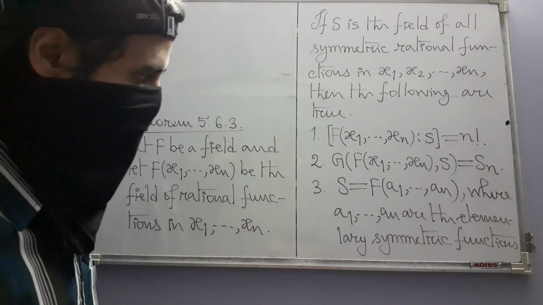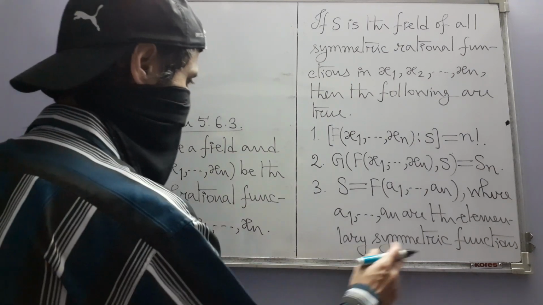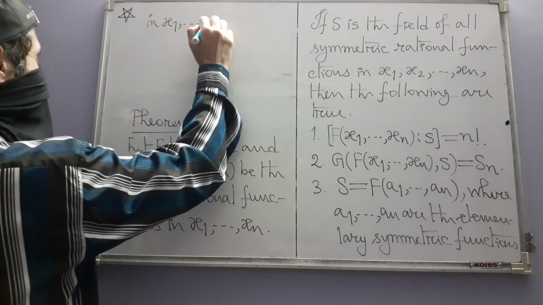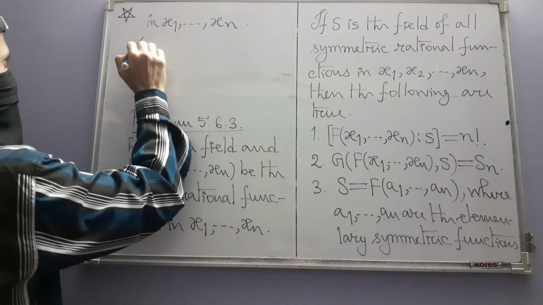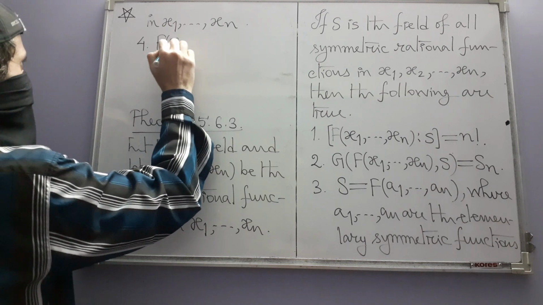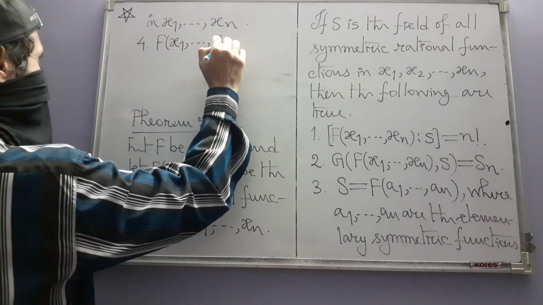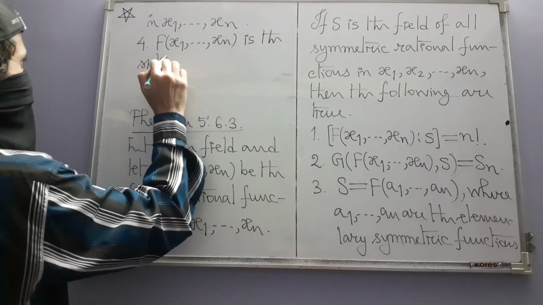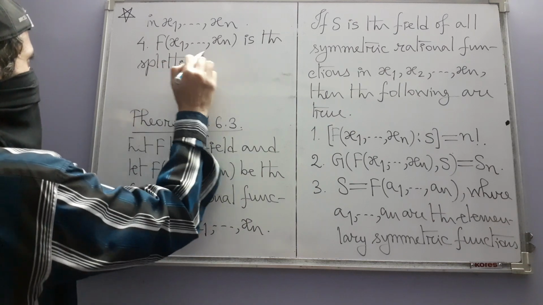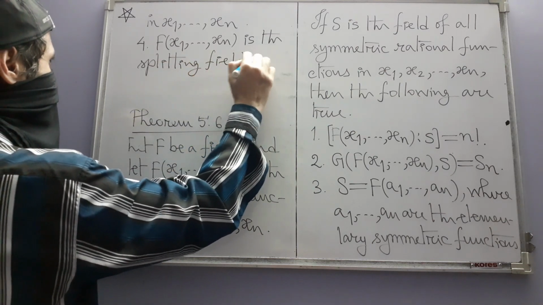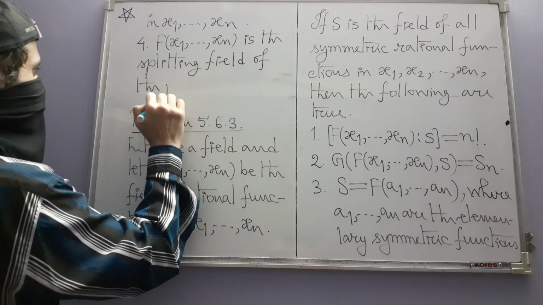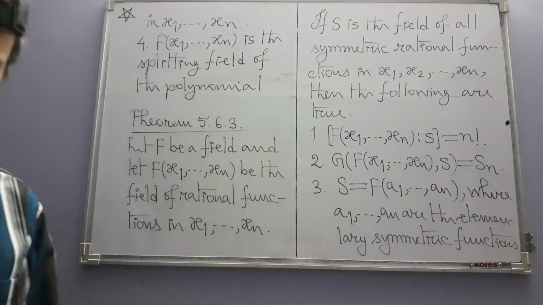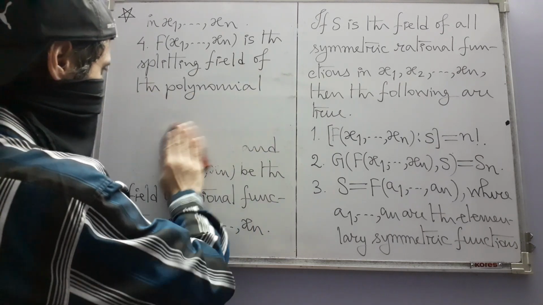Symmetric functions, symmetric rational functions, that's understood. Elementary symmetric functions in these variables. And number 4, this is the splitting field of the polynomial, and this part I can simply erase.